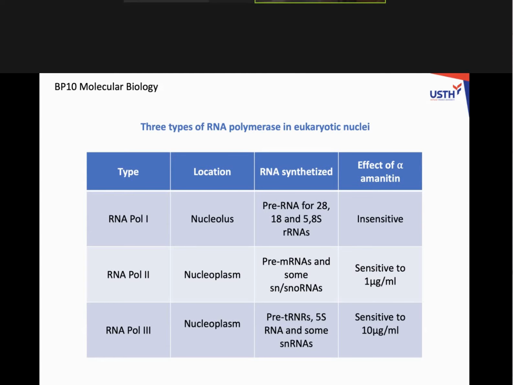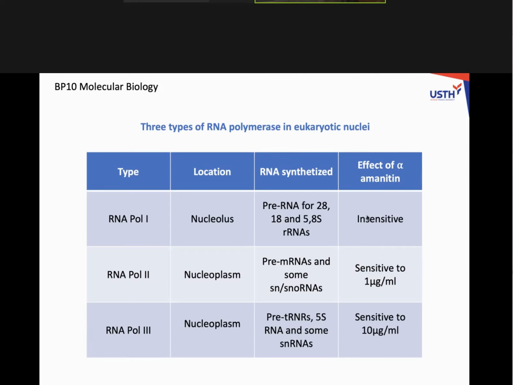There is a toxin which is called alpha-amanitin. It's coming from a deadly mushroom, which is called Amanita phalloides, that contains this molecule, alpha-amanitin. The target of this drug is RNA polymerase in general. But you see that they have different sensitivity to this drug.